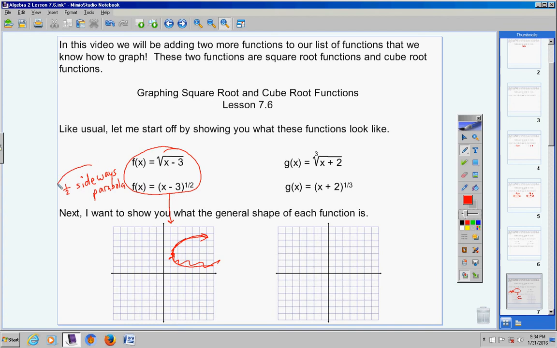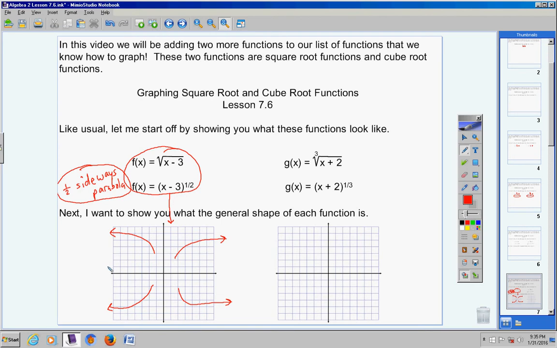So write this down. A square root function's graph looks like half of a sideways parabola. So it could look like this. It could look like this. It could face this way. It could face this way. Are you getting all of this? Write this down.